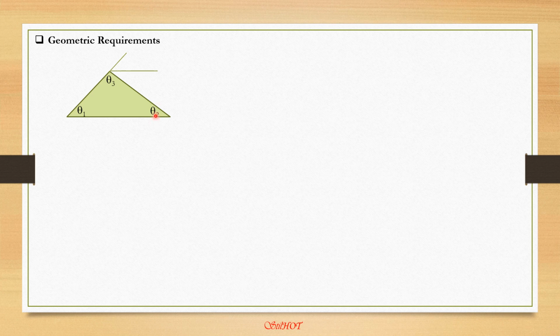So if this is theta 2, that is also theta 2. Again, if this is theta 2, that's also theta 2 because this is parallel to this side and we have a common side also. And since this is the extension of this side here, and this line is parallel to this base, then this angle here is also the angle between this extension of that side and this line which is parallel to this.